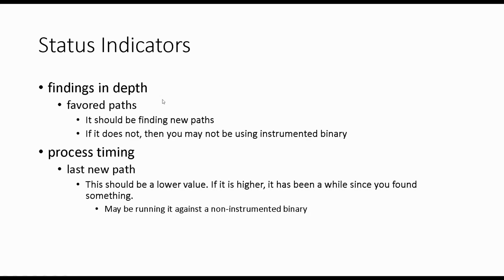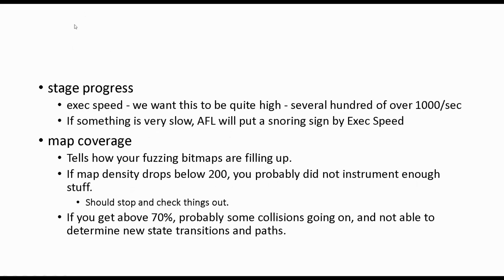So status indicators: favored paths gives some information there. Last new path. Execution speed, again, ideally several hundred or over 1,000, maybe 4,000, 5,000. It really depends on what it is.